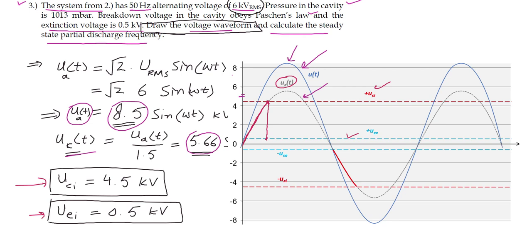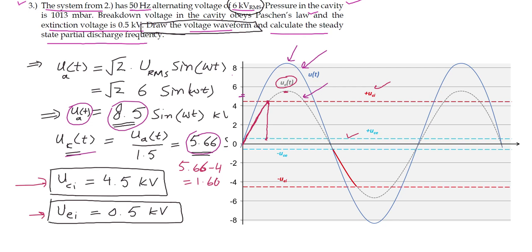Okay. So now our voltage will start to rise, but as the waveform is shifted down by 4 kilovolt, our waveform will achieve a maximum value of 5.66 minus 4. So 5.66, this was supposed to be 5.66, but now because it is shifted down, 5.66 minus 4, that will be 1.66.